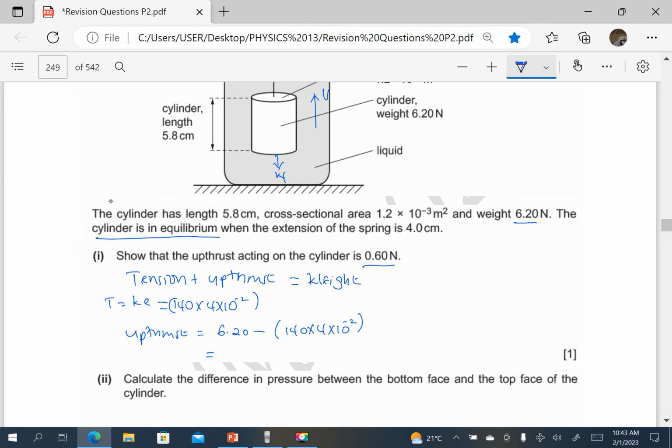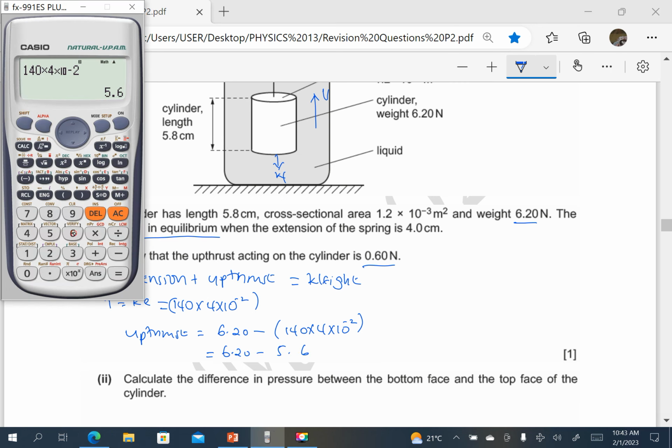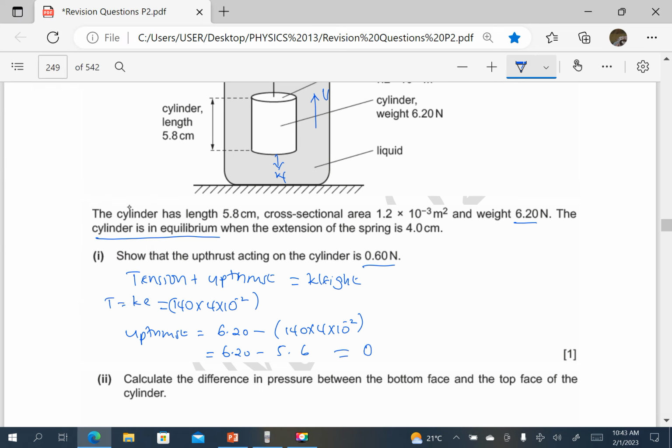So the upthrust is going to be 6.20 minus 5.6, which is equal to 0.6. So the upthrust is 0.6 newtons.